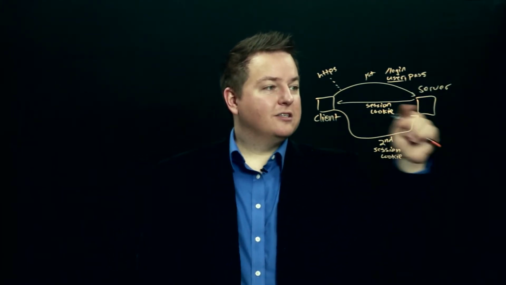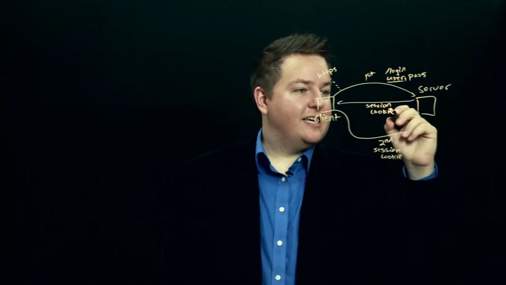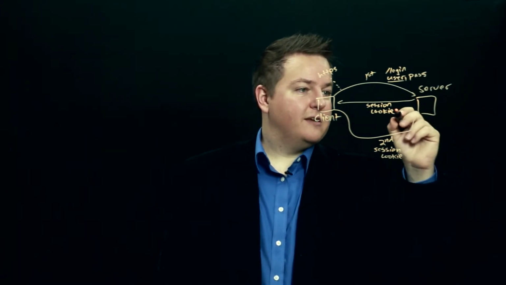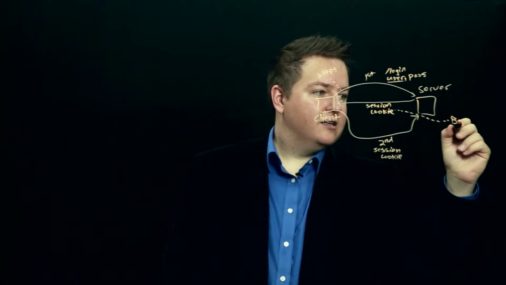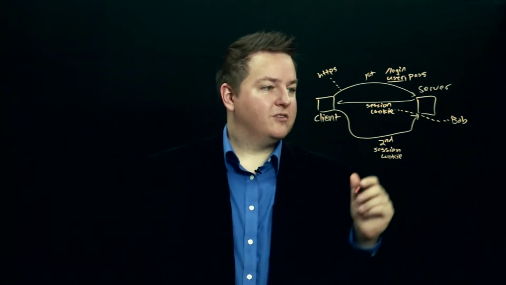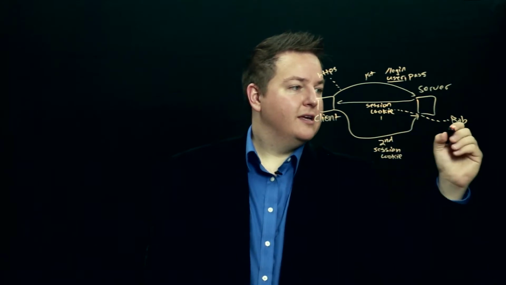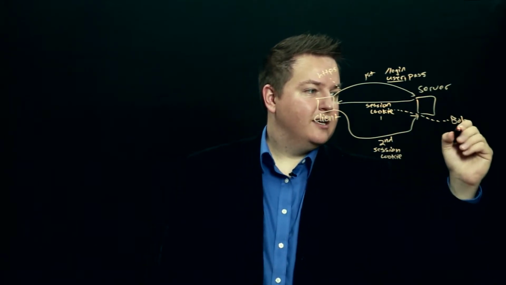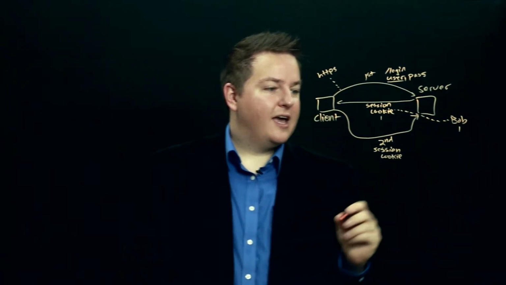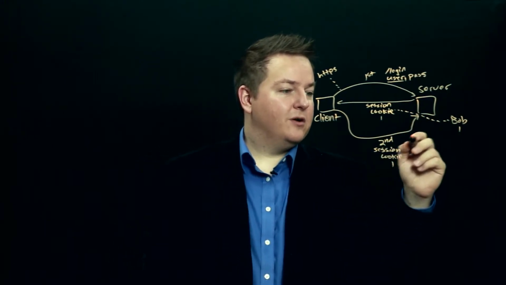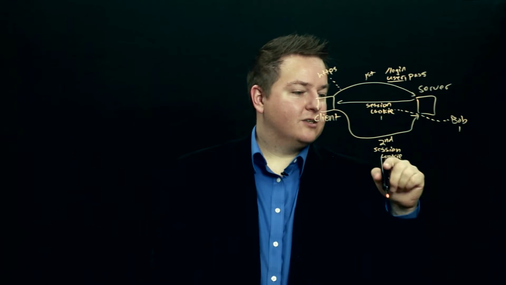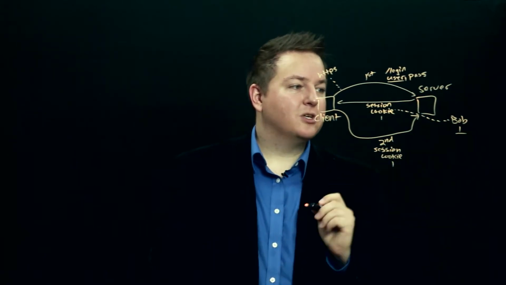So on the server, it can see it's going to send this session cookie, and it's going to associate this session cookie with Bob. So we'll call this cookie 1. And it will say Bob's cookie is 1. And then the session cookie 1, when it shows back up, it will go and say, whose cookie is cookie 1? And it will say, well, that's Bob's cookie here.